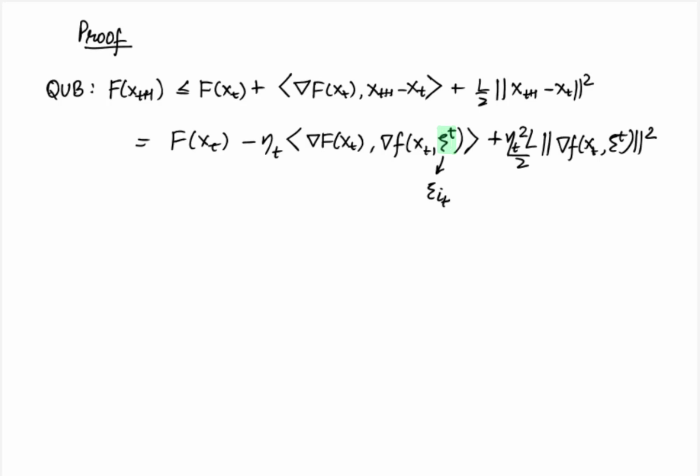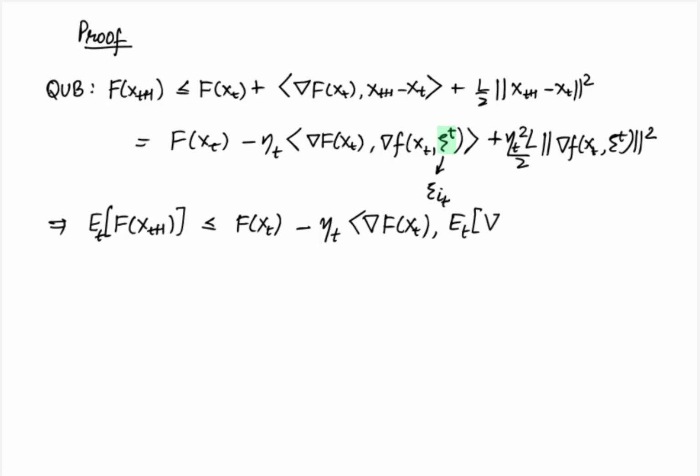Now let us take expectation with respect to it and use the fact that it is independent of xt. So Et of F of xt plus 1 is less than equal to F of xt minus eta t times inner product of gradient F of xt, Et of gradient f of xt, xi t plus eta t square L by 2 Et of norm square of gradient f of xt, xi t.